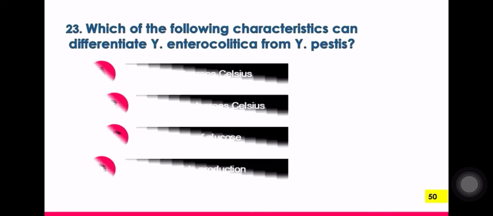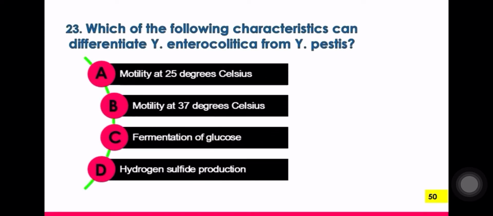Choices: letter A, motility at 25 degrees Celsius; letter B, motility at 37 degrees Celsius; letter C, fermentation of glucose; or D, hydrogen sulfide production. The correct answer is letter A.